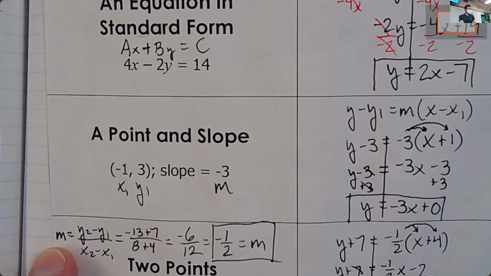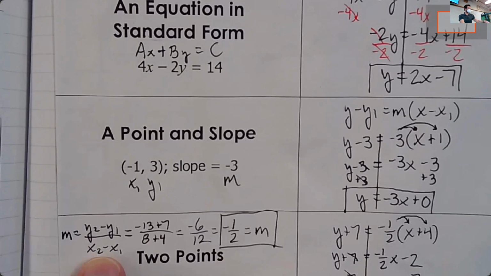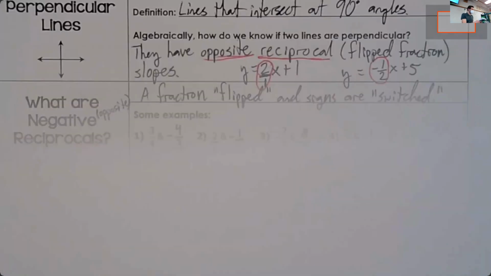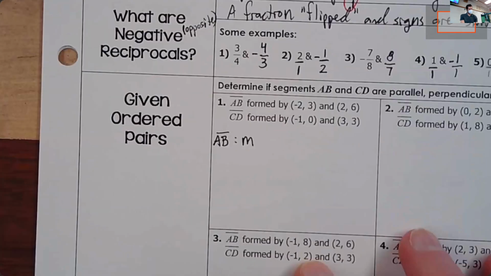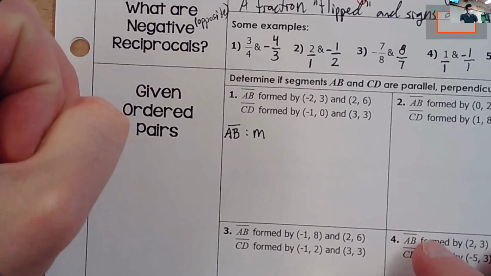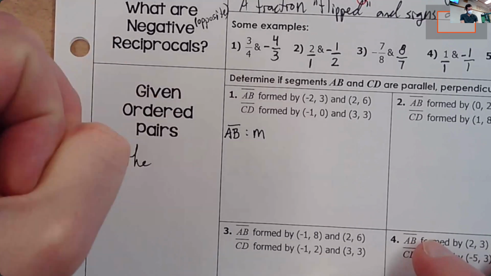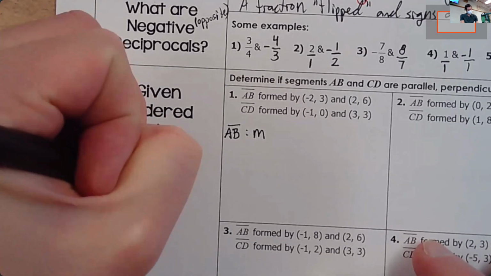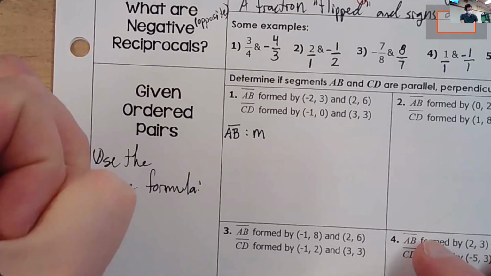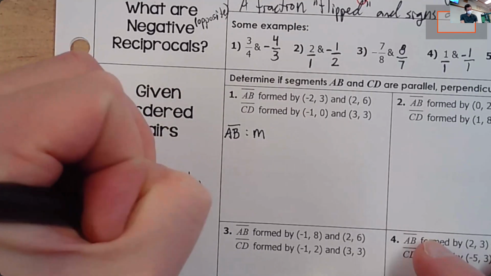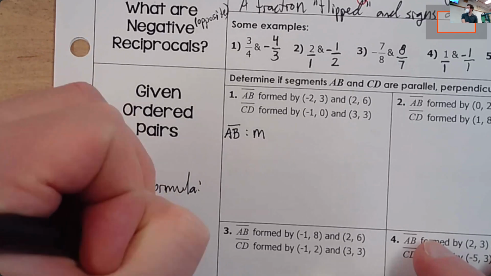So we're going to use the slope formula for the rest of this first page right there. Once again, I'm going to write the slope formula down off to the side here because we have room for it. Use the slope formula: M equals y2 minus y1 over x2 minus x1.